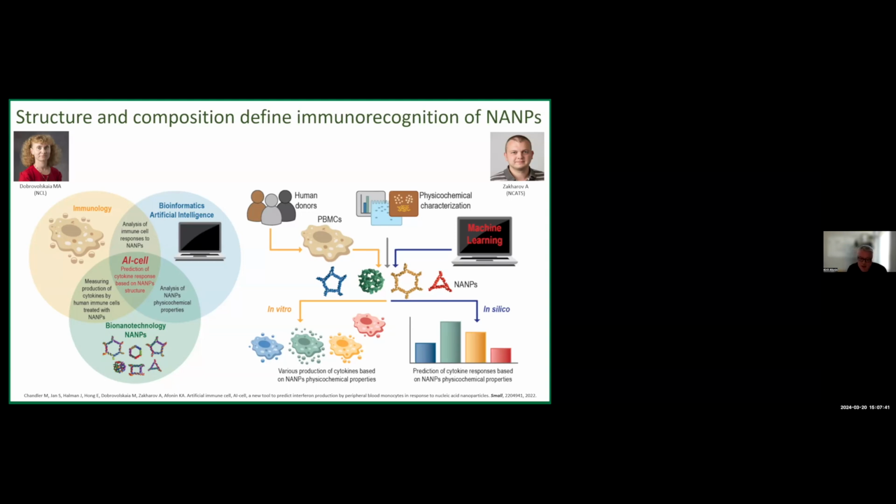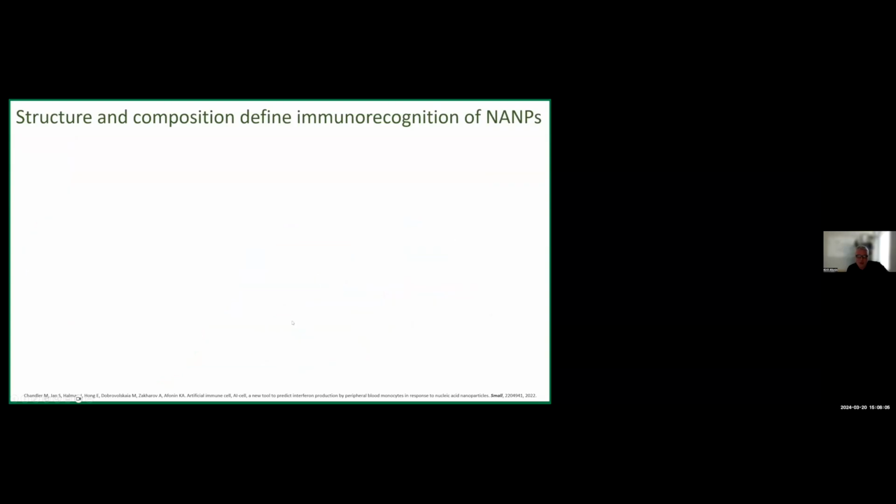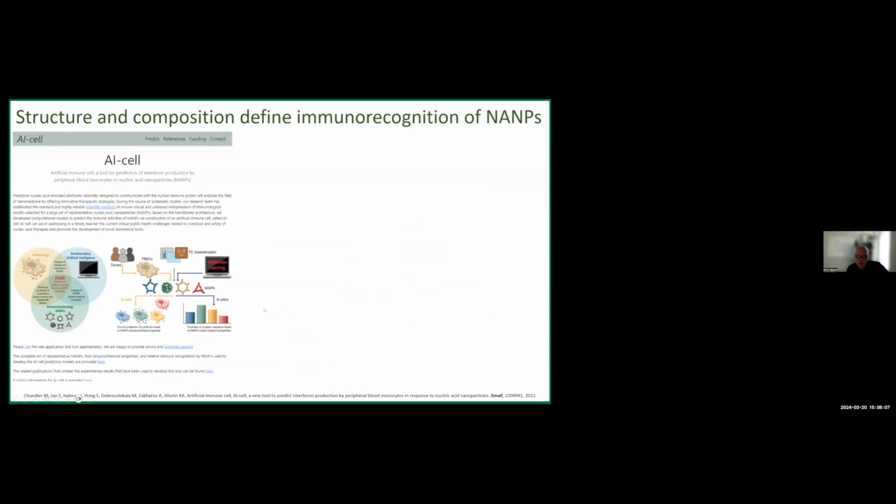It allows us to accurately predict the immunological properties of any nucleic acid nanoparticles designed, just based on the sequence input. This work combines extensive experimental work, which was then fed into different computational algorithms to come up with the best predictive model to assess the structure of nucleic acid nanoparticles. This platform right now is publicly available.